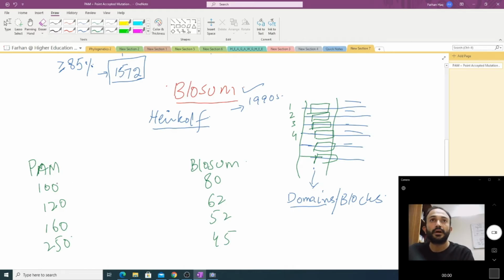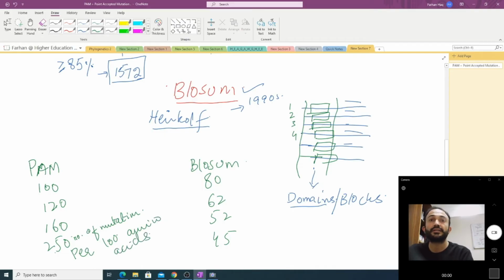Here PAM 250 actually means 250 mutations per 100 amino acids.